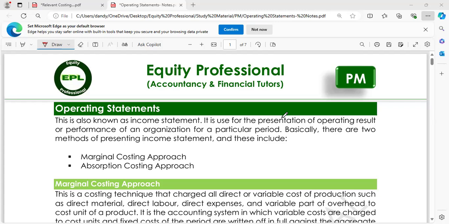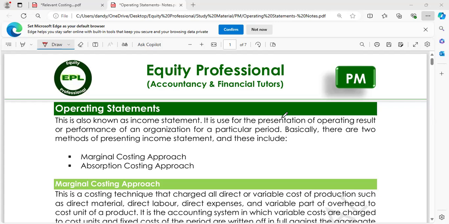The first thing I mentioned was that opening and closing stocks are valued at total variable cost per unit. That's number 1. Then 2, we said that the marginal costing approach uses contribution, unlike the absorption costing approach that recognizes gross profit.